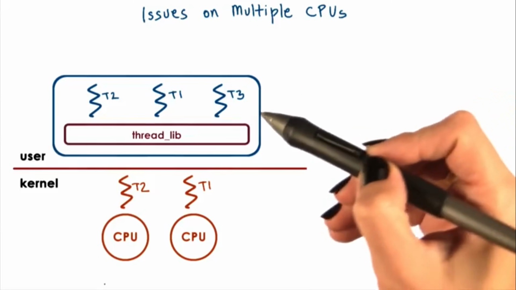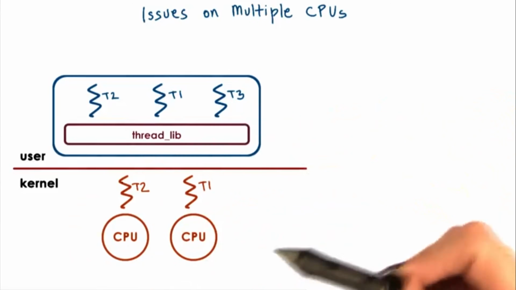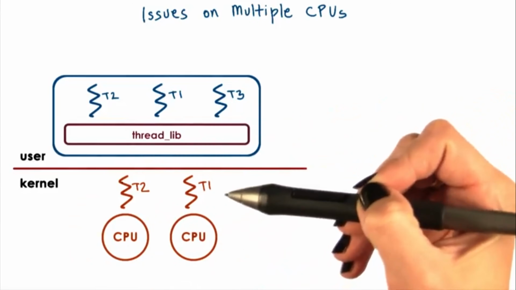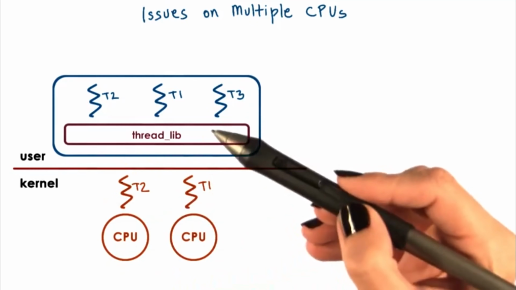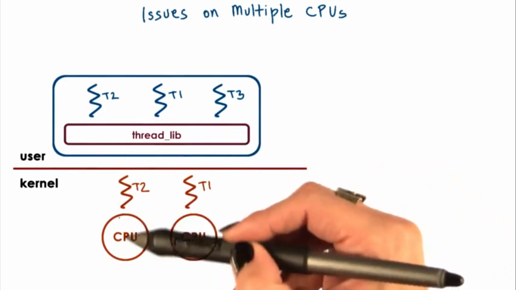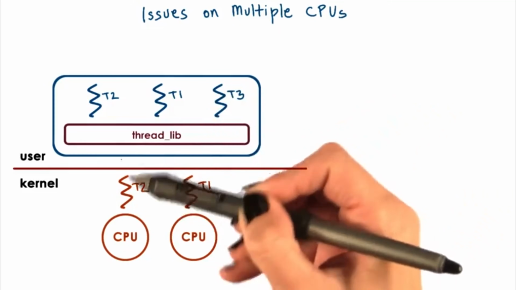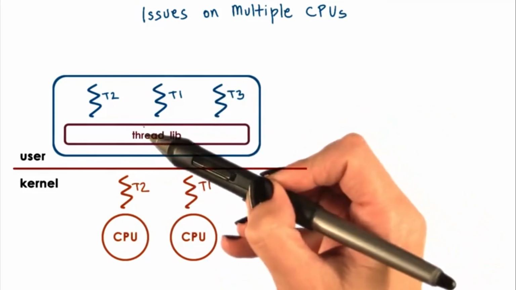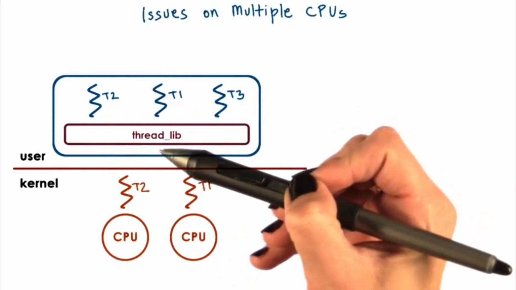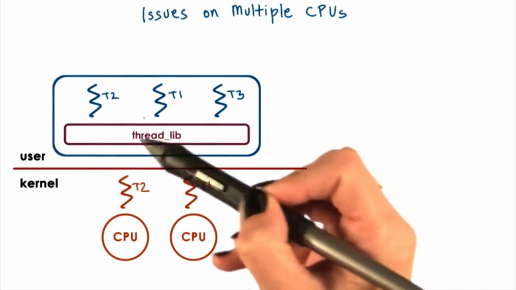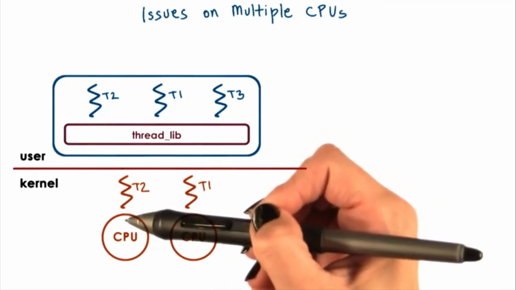Other interesting management interactions between the user-level threading library and the kernel-level thread management occur when we have multiple CPUs. In all of the previous cases we discussed, we only had a single CPU, so all of the user-level threads ran on top of that CPU, and whatever changes the user-level threading library made in terms of which user-level threads would be scheduled were immediately reflected on that CPU.